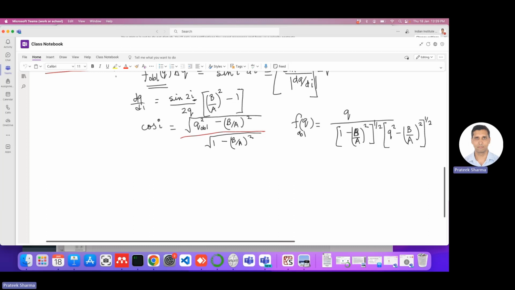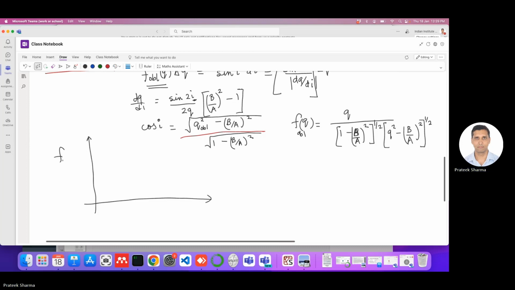So let's just draw a schematic of what the function looks like, f oblate, the observed q versus q. Here is the true value of B by A. So you cannot observe anything which has a B by A less than this, right? So the distribution function on this side has to be 0.